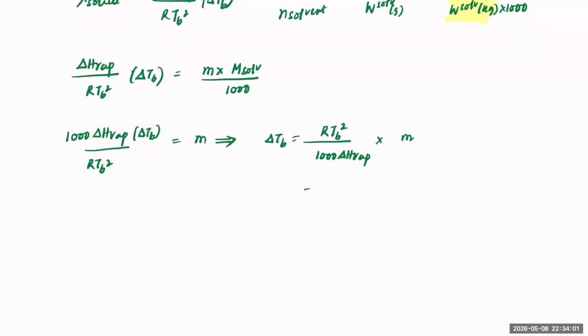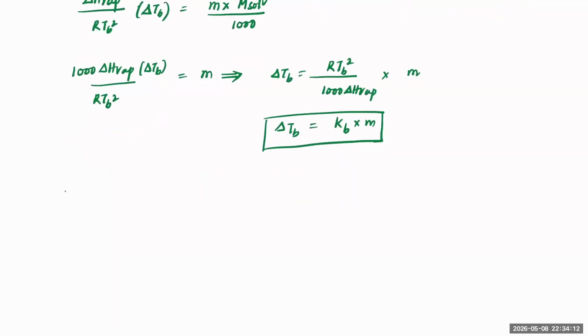Now this is what we write as Kb, a new constant. Delta T B is equal to Kb into molality. Correct? This Kb is called the ebullioscopic constant, or elevation constant. Okay.